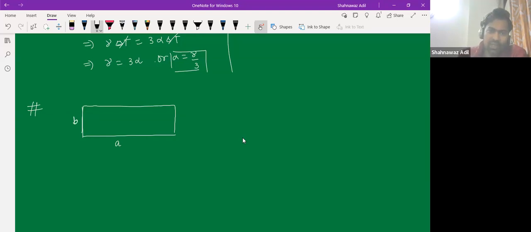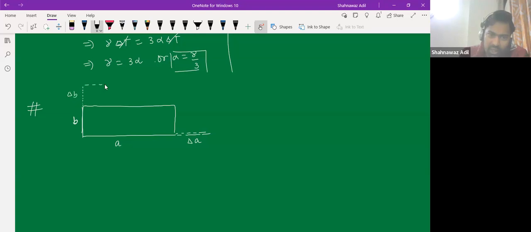And we are increasing the temperature of this thing. So if we increase the temperature, this part will increase by delta A. Is that correct, guys? Yes, sir. And this part will increase by delta B, right?